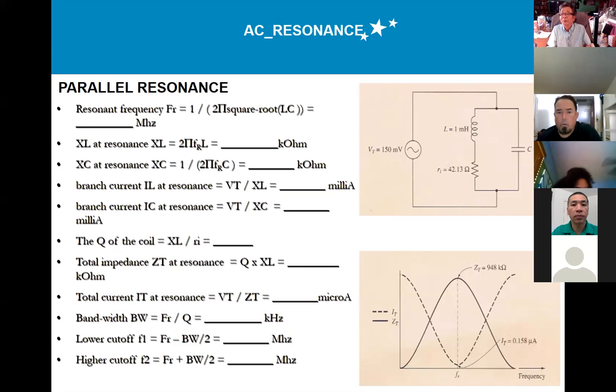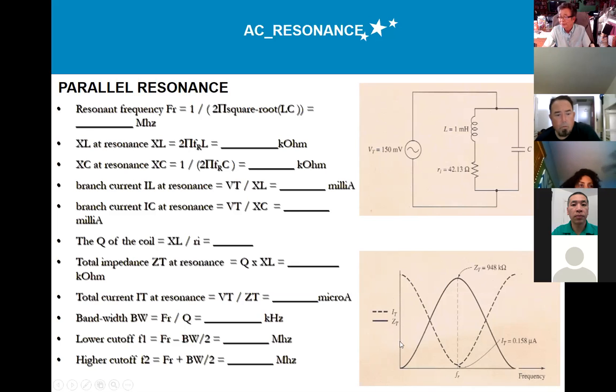What we need to do is calculate the resonance frequency, FR, same formula. The calculation will be the same thing.